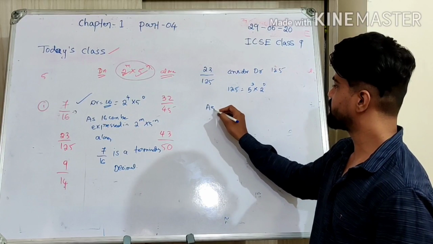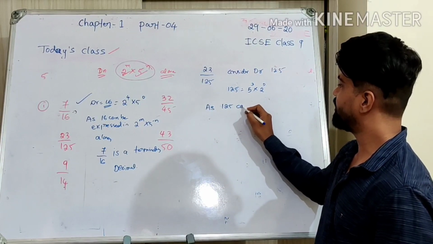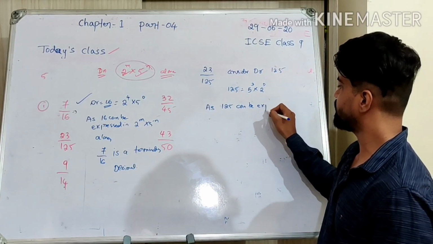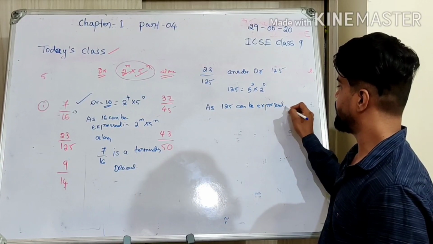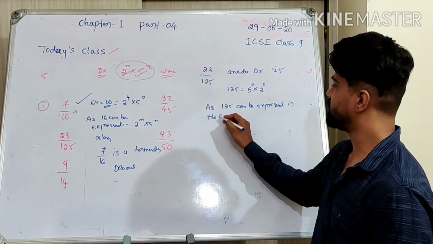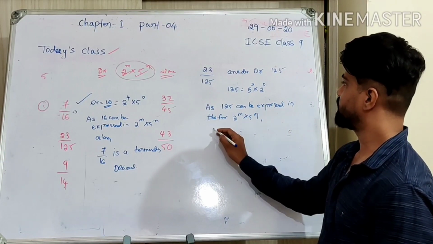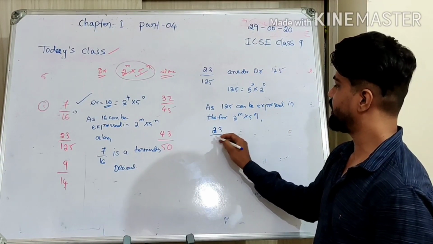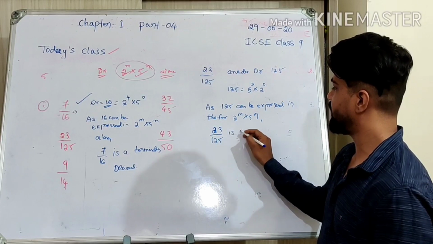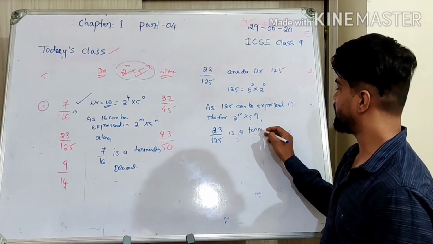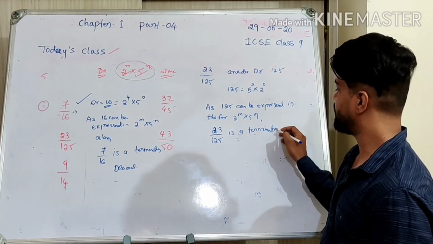So as 125 can be expressed in the form of 2 power m into 5 power n, 23 by 125 is a terminating decimal.